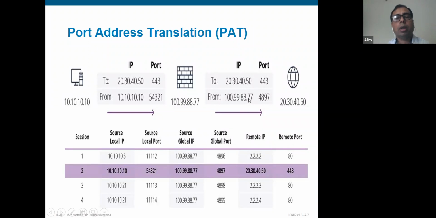When the router or firewall receives another request from another host or computer, it will send the same packet. It will assign the same source IP address, but with a different port. So the port is changed. In the lower part of the table, look at this. Say we have 4 sessions. From computer 1, the IP address is 10.10.10.10, in the router 10.21.